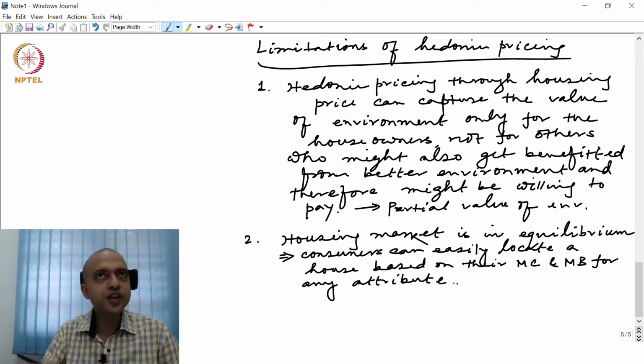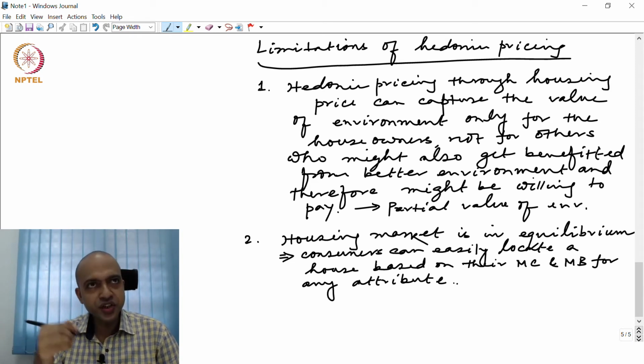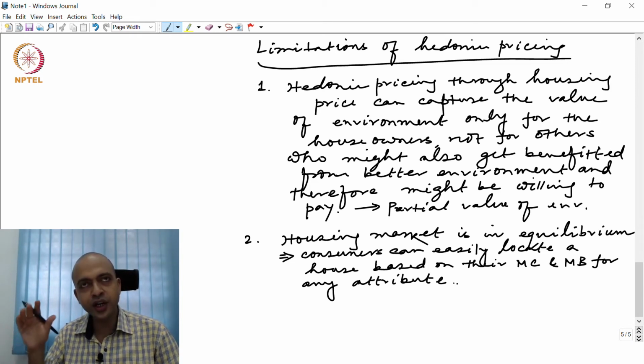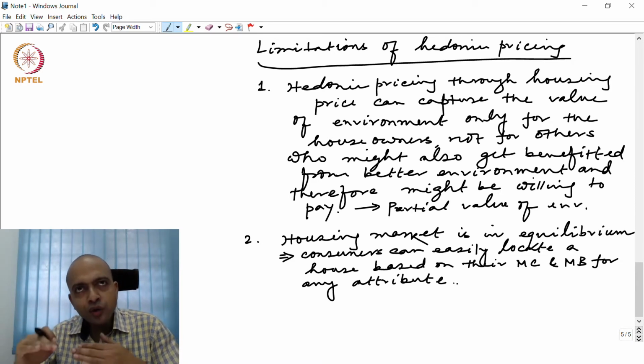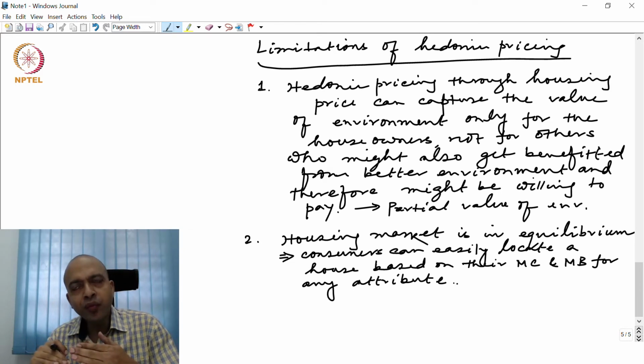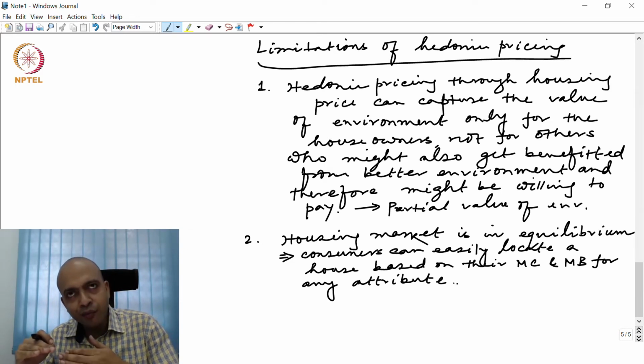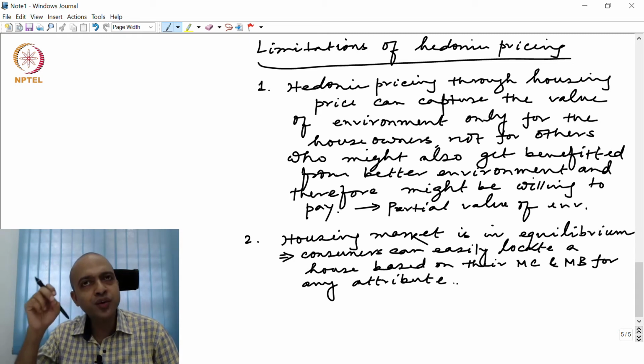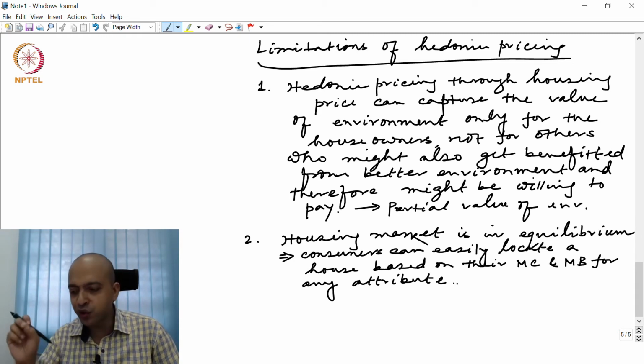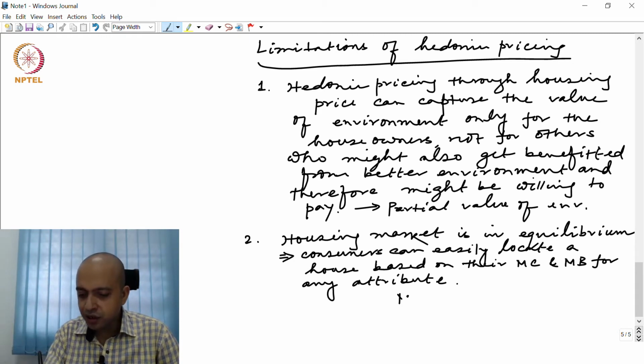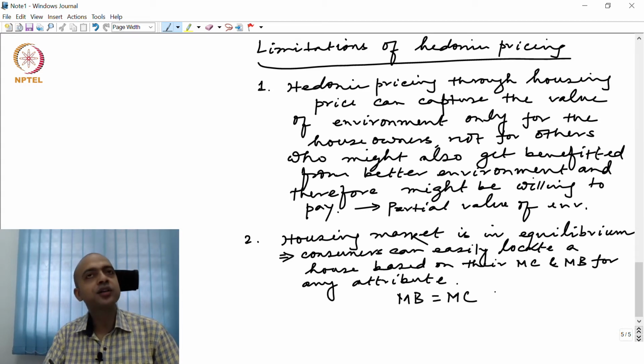So how much price will I pay? This demand is always theoretically derived from an equilibrium condition. My maximum willingness to pay is always determined by equating MB and MC of a particular attribute.